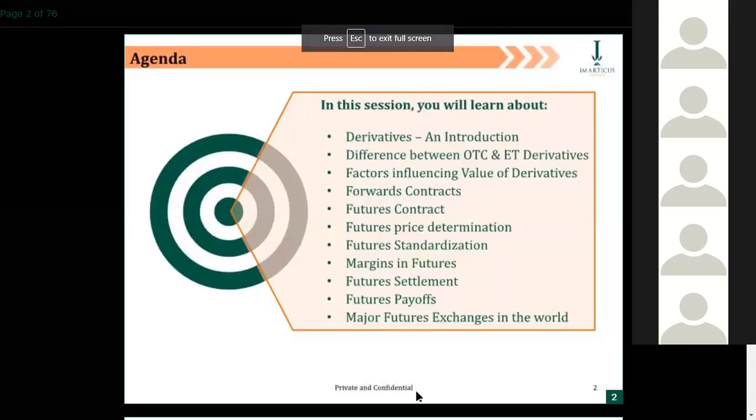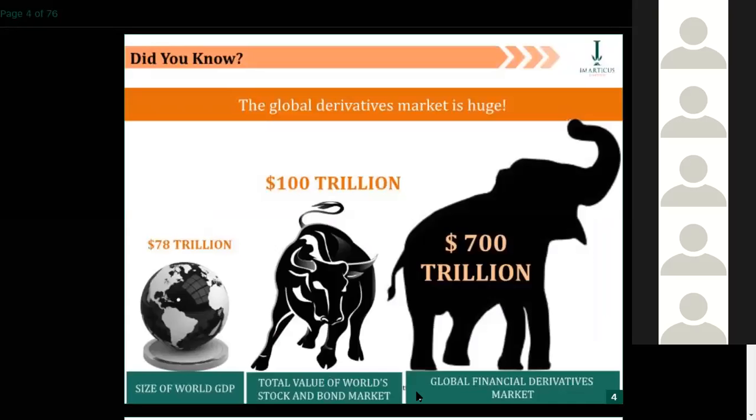Okay, so these are the things we're going to cover in derivatives, forwards and futures: an introduction, difference between OTC and ETD, factors influencing the value of a derivative, forward contract, futures price determination, futures standardization, margin, and futures settlement. All these things we're going to cover, starting with some information about the market.